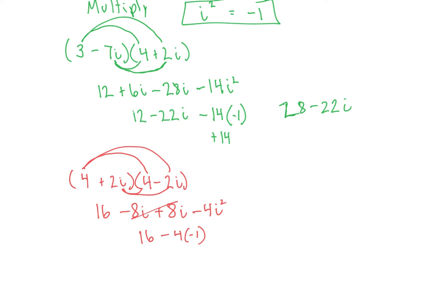And negative 4 times negative 1 is positive 4, so that ends up being 20. So just like square roots, imaginary numbers or complex numbers also have their conjugates. Okay, and so when we multiply the conjugates, they go away, which is kind of cool.